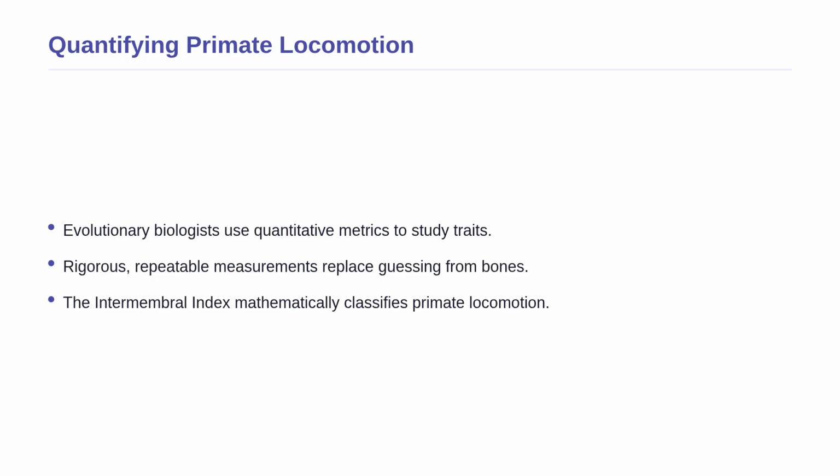We need rigorous, repeatable measurements. One of the most important mathematical tools used to study primate limb proportions and locomotion is the intermembral index. This index helps us mathematically determine whether a primate is adapted for leaping, walking on all fours, or swinging through trees.